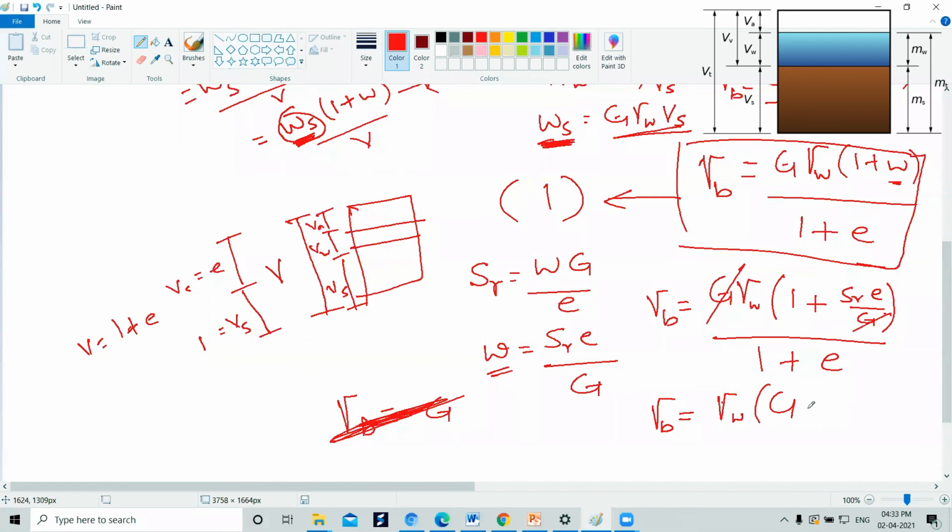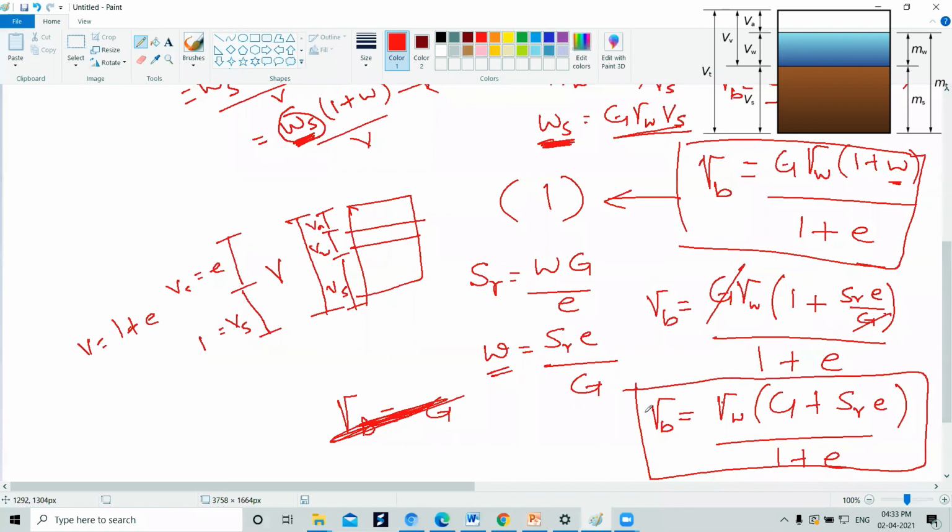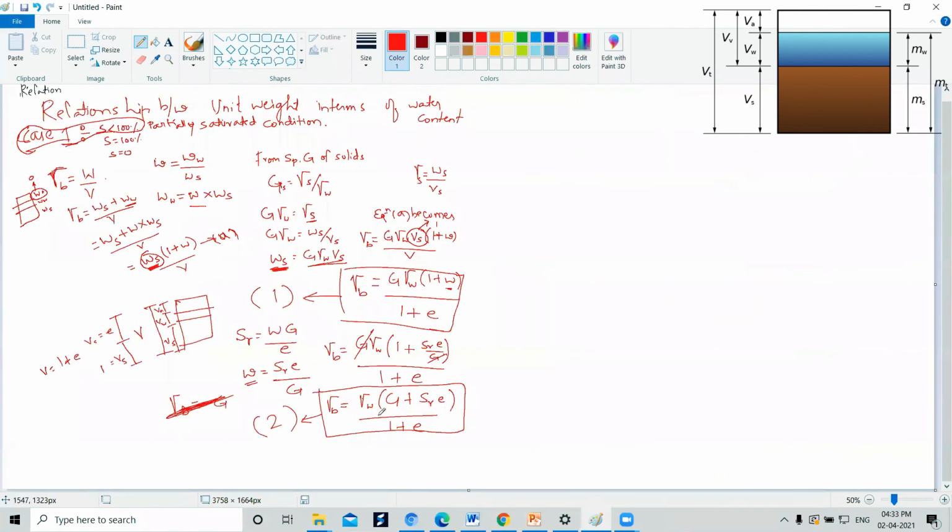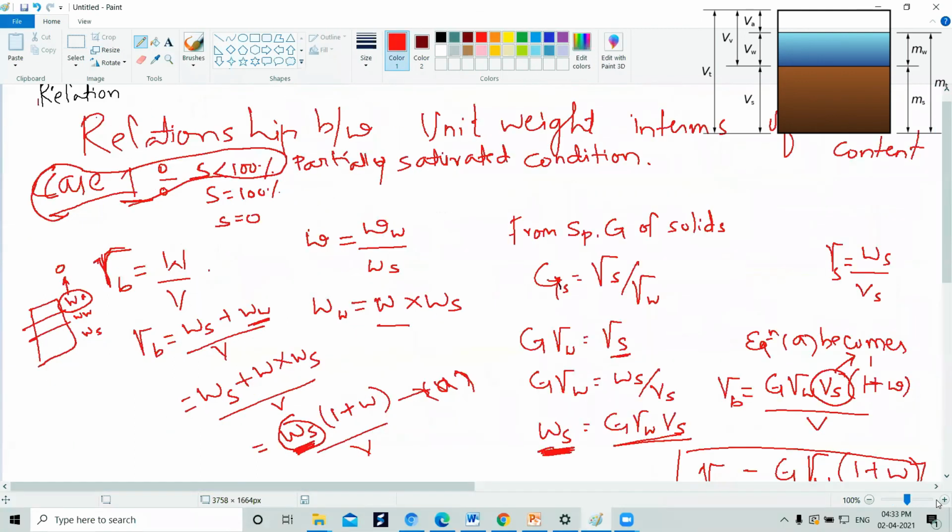Multiplied, G plus SR into E divided by 1 plus E. This is your another relationship. I will name this one as 2. These are the two, now we will go to the next.